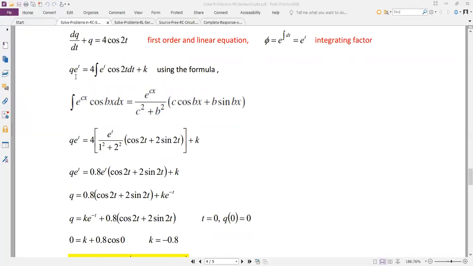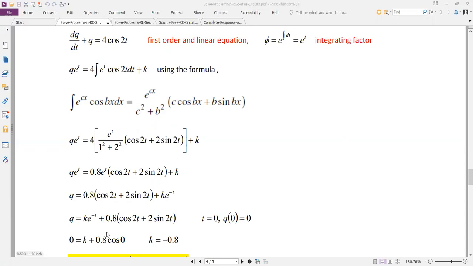So if this particular DE is processed already coming from the linear differential equation, the final answer would look like this. Q is equal to K e raised to negative t plus 0.8 times this. Now, initially, there's no charge in the capacitor, so we will substitute Q0, t0, and 0 also in here.